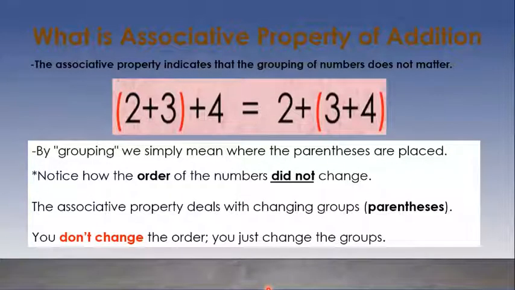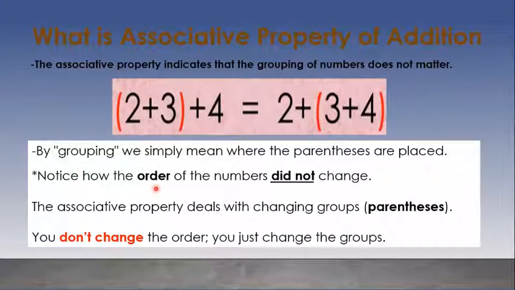The associative property indicates that the grouping of numbers does not matter. By grouping, we simply mean where the parentheses are placed. These red markings here are what we call parentheses.